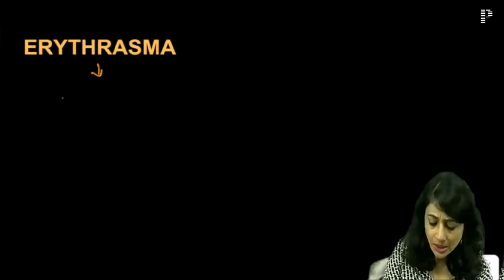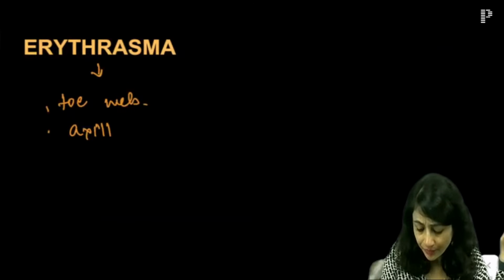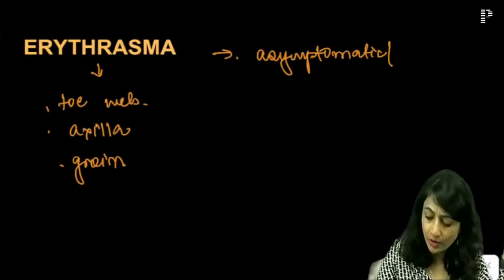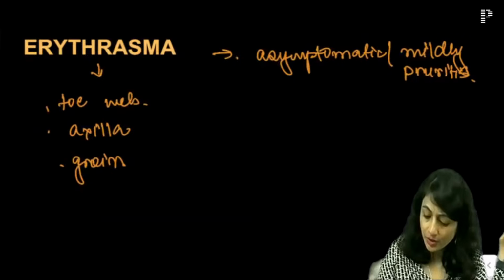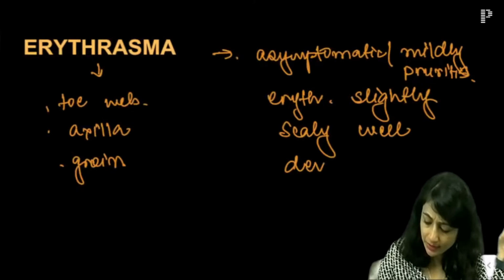Erythrasma is typically seen in the toe web space, axilla, and groin, and it typically presents with asymptomatic or mildly pruritic, erythematous, lightly scaly, well demarcated plaques.